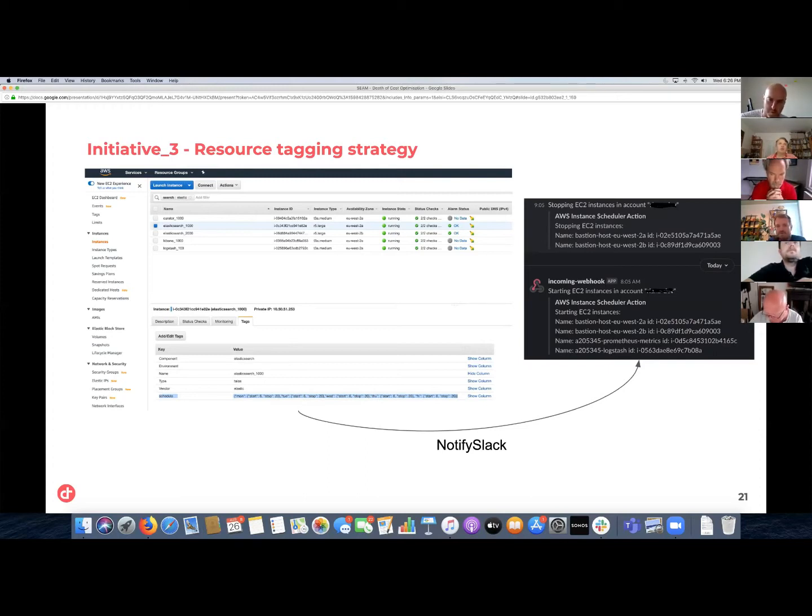And so you can deploy this Lambda centrally into your accounts, but then the teams themselves can manage this tag. And what this Lambda will then do is stop and start the instances based on what times you put here, and it can send notifications out to Slack. And why this is really useful is if you're running in an enterprise, you're going to have some development teams in India, some in China, US, Eastern Europe.